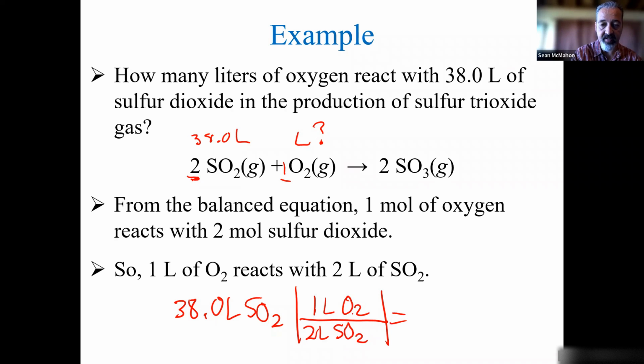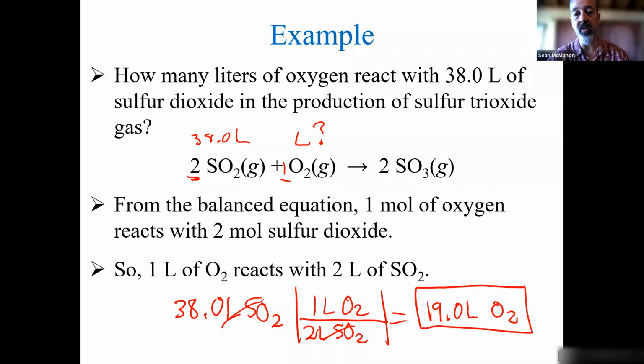So because the liters of SO2 are going to cancel as a unit, I'm going to end up getting 19, and I'm going to have 3 sig figs, liters of O2. So just like before, we were doing mole ratios with stoichiometry, now we're doing volume ratios. The law of combining volumes.